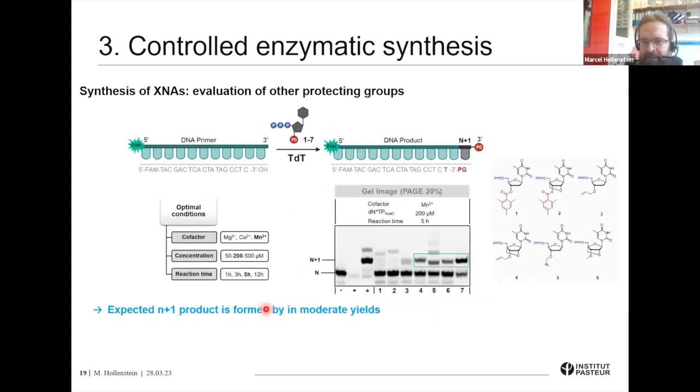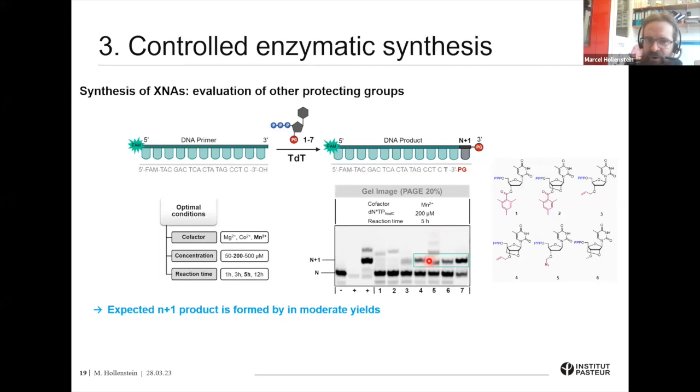So to make a long story short, they're not very good substrates because we can have either just singular incorporation events producing the N+1 product in moderate yields, or sometimes the esterase activity of polymerases removes the masking group of especially ester modified nucleotides, and you can have multiple incorporation.